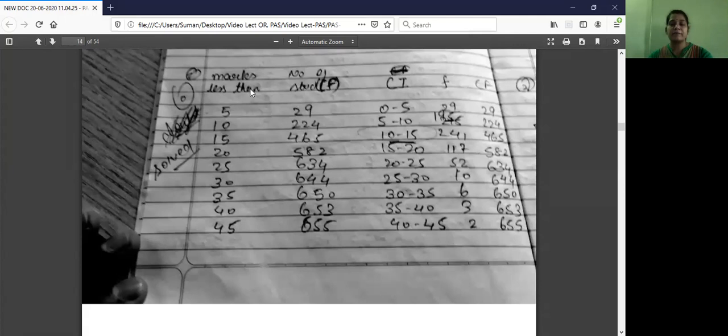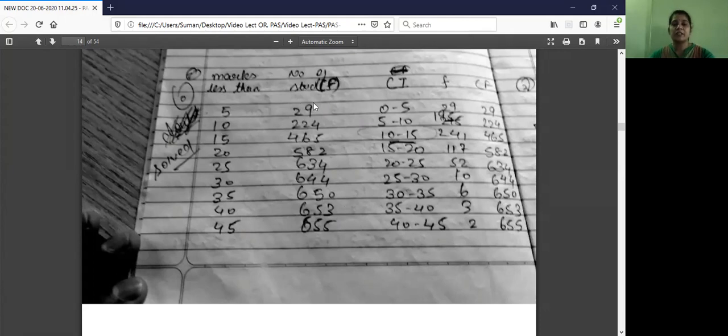So our next question is marks less than. Marks less than 5, 10, 15, 20, 25, 30, 35, 40, 45. And the number of students, CF: 29, 224, 465, 582, 634, 644, 650, 653 and 655.